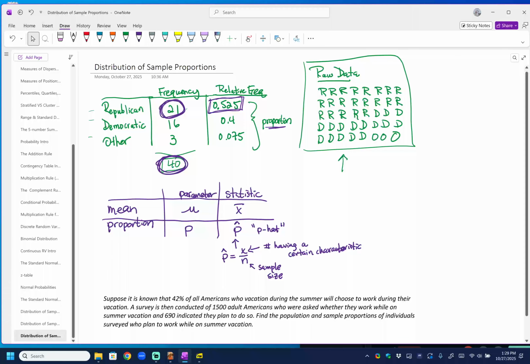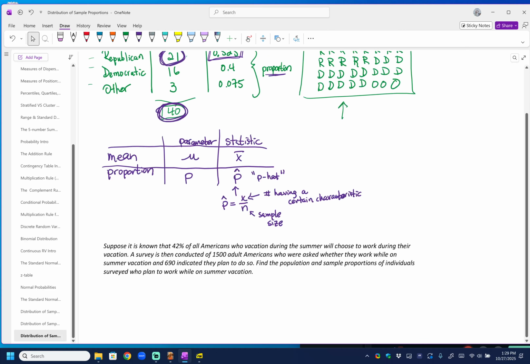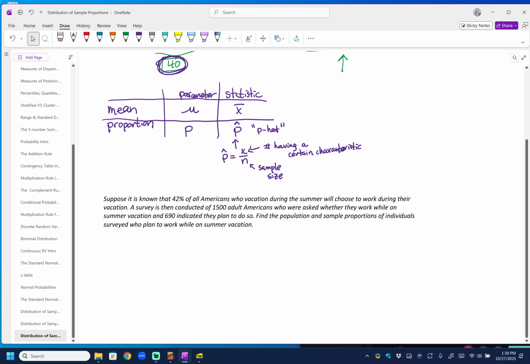Okay, so just a quick example to make sure folks are following. It says, suppose it is known that 42% of all Americans who vacation during the summer will choose to work during their vacation. A survey is then conducted of 1,500 adult Americans who were asked whether they work while on summer vacation, and 690 indicated they plan to do so.